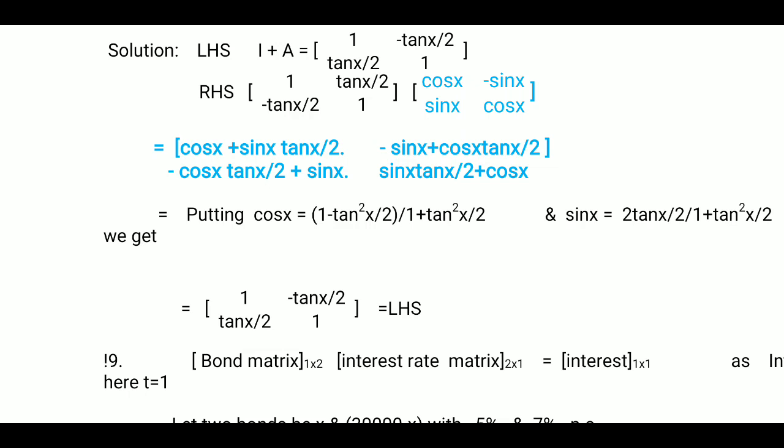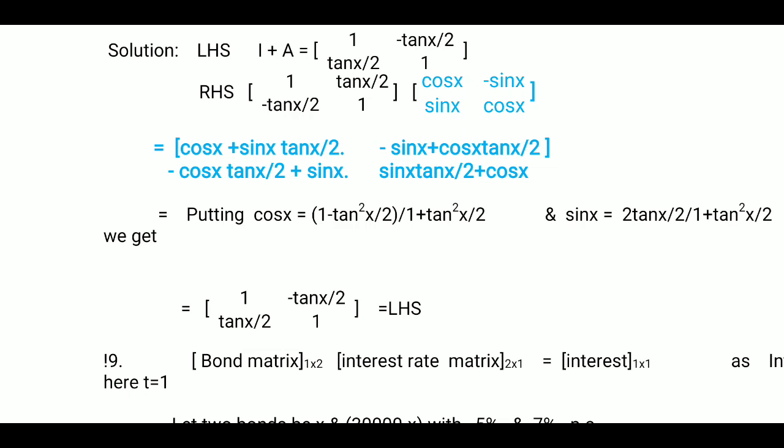Second row multiplies with second column, second row second column element. Now all these multiplications give a matrix containing cos x plus sin x tan(x/2), minus sin x plus cos x tan(x/2), minus cos x tan(x/2) plus sin x, and tan(x/2) sin x plus cos x.